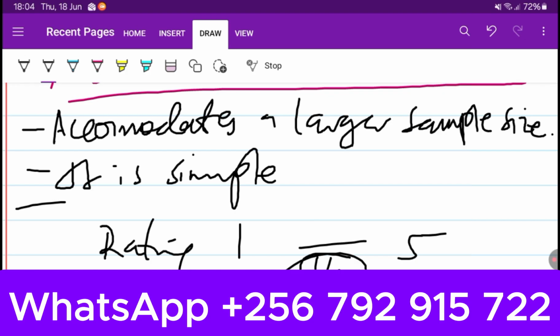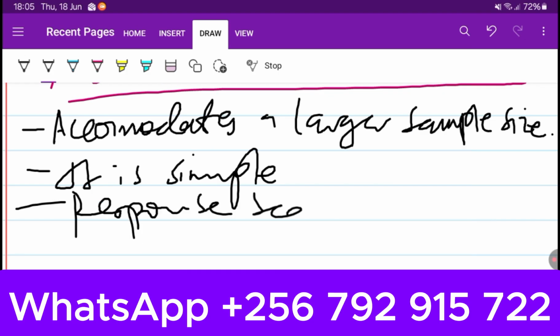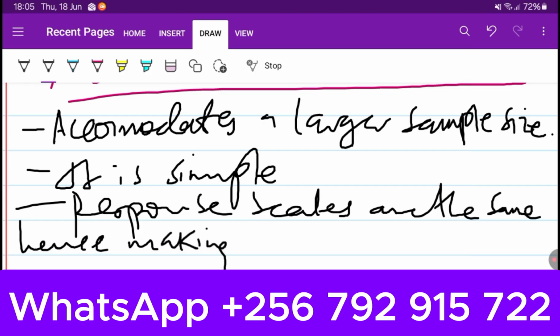Others don't even want to rate the service. So the response scales are always the same, hence making it easy to compile data.